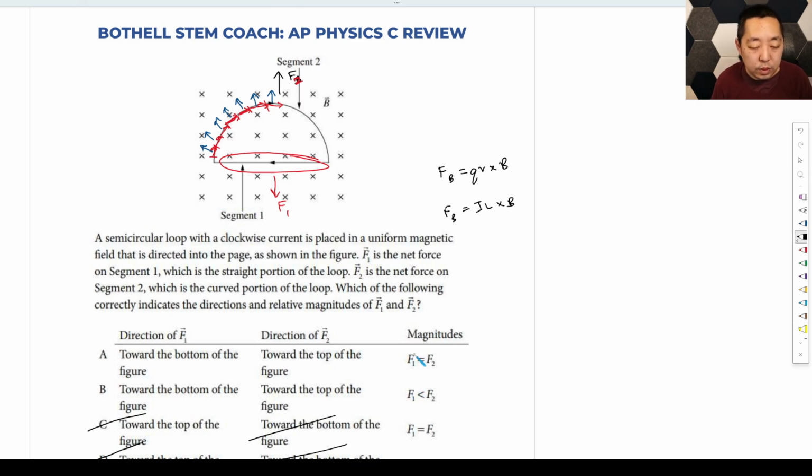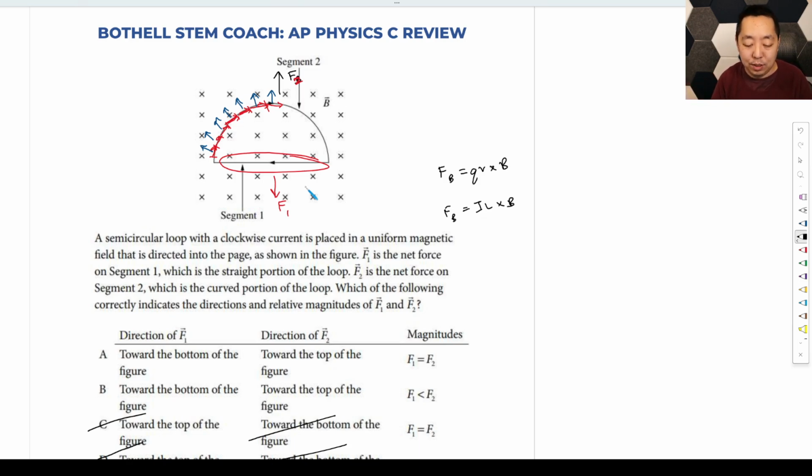Now, this is one of those things that is probably easier to think about a little bit physically. If we put this loop in a magnetic field, like on Earth right now, do we think it's going to experience a net force? Do we think this thing is going to accelerate? And the answer is no. Otherwise I would have a really cool way of accelerating things all the time.